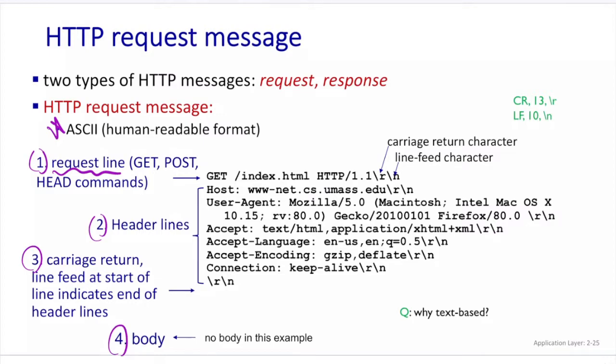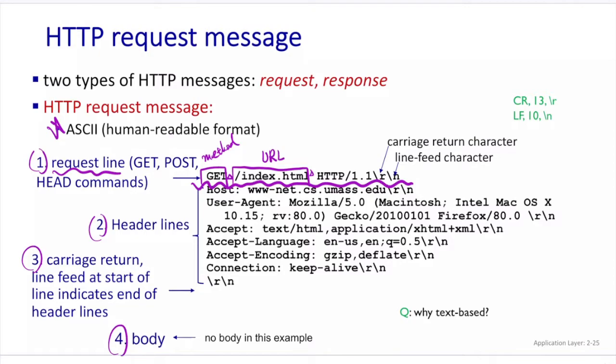So basically, this first line is the request line of an HTTP request message. It can be divided into several different fields. The first one is the method. And there's a white space right here. The second part is the URL, then white space.